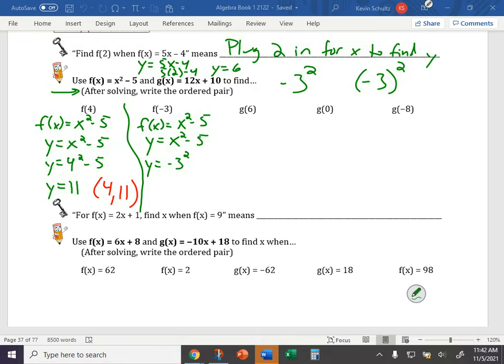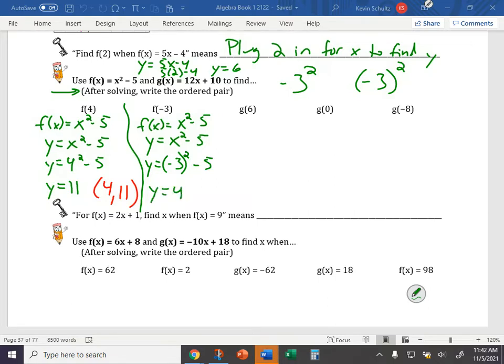We will be using parentheses here because if we're squaring the x value and x is negative, we're squaring that negative value. So that will give us +9, and then subtract 5 from that, y would equal 4.